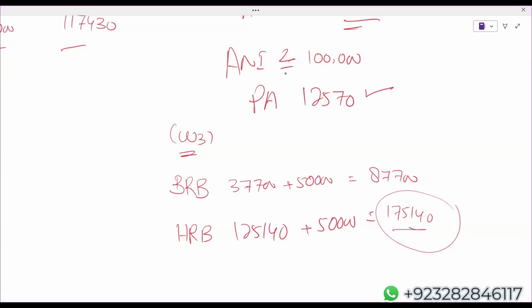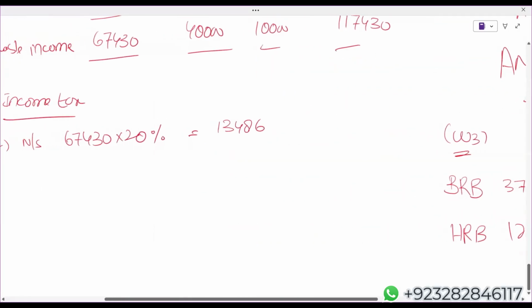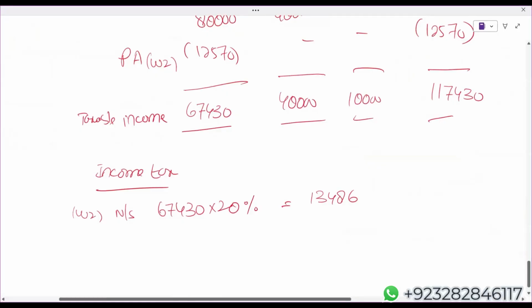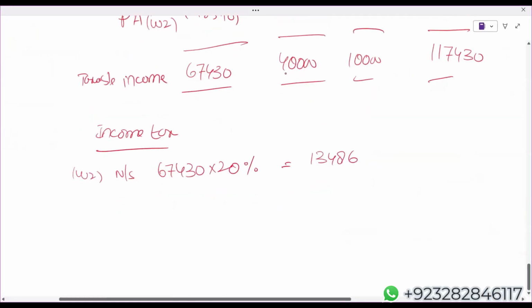Right now, the income is more than 87,700, which is the basic rate band limit, but less than 1,75,140. So that is why this individual is a higher rate taxpayer, and a higher rate taxpayer gets nil rate band of £500 for the saving income. So saving nil rate band.